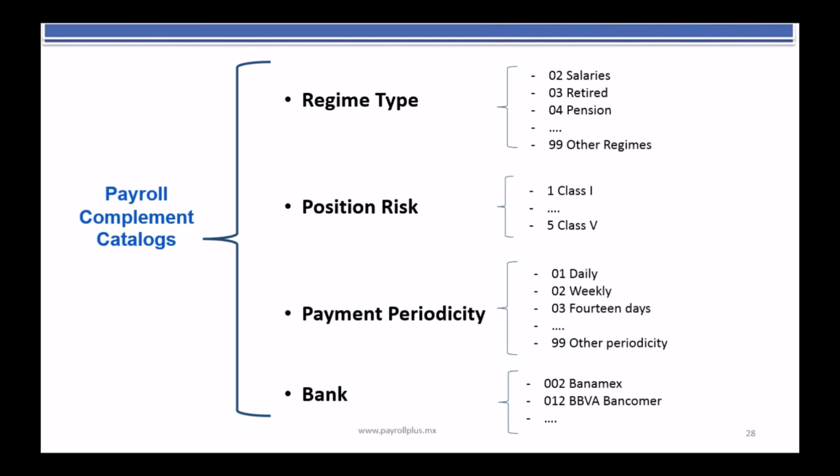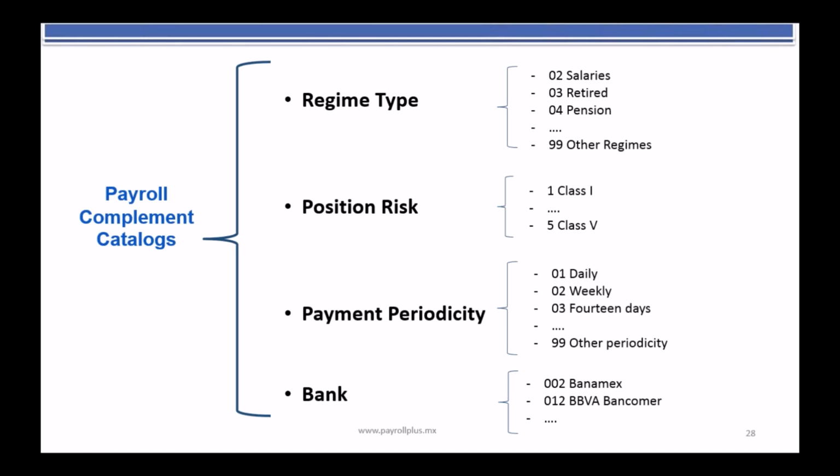For example, here we have 02 salaries, 03 if you're making retirement payments, and this is where we have the code 09 for assimilated to salary payments, which is a specific type of employees. Here we also have the option, if the options do not fit how the employee was contracted, we can go to 99 other regimes.